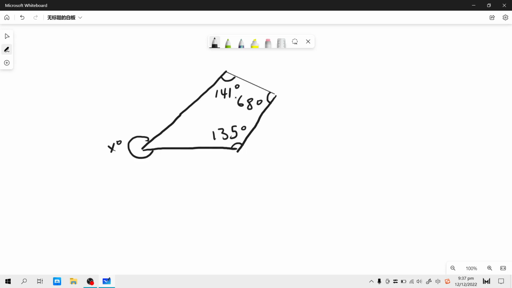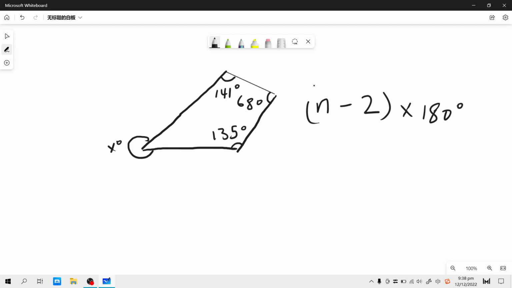As I said earlier in the video, 180 degrees is the total of the angles for triangles. But for four-sided shapes, there's a formula you can remember when you meet this kind of question. The number of sides, which I will just name n, minus 2, put it in brackets, and you times 180 degrees.